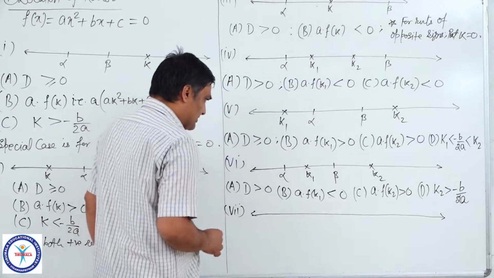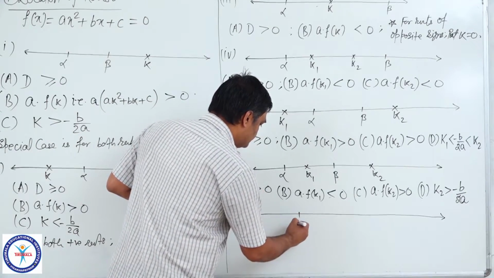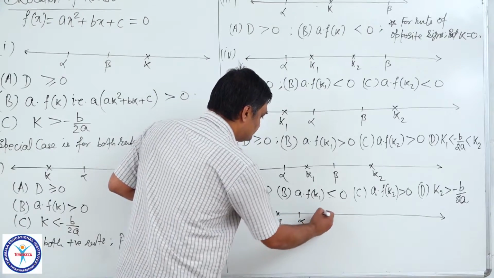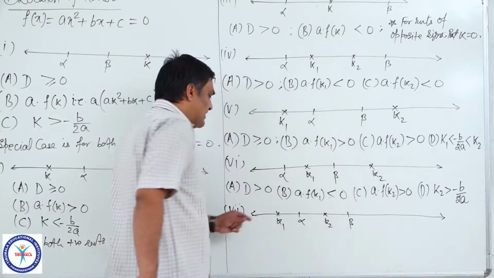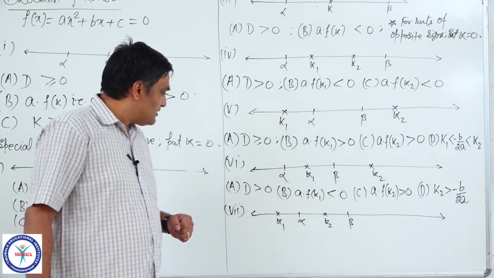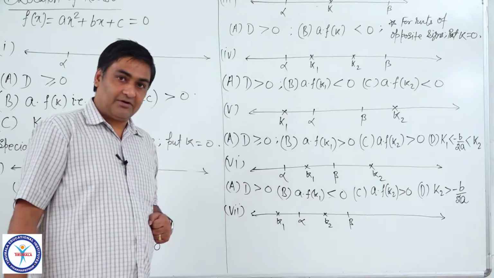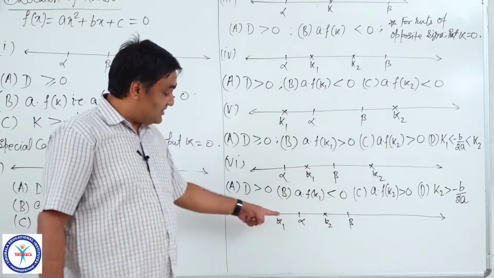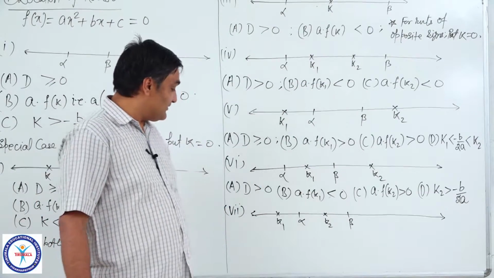Next, there can be a case like one root is greater than 5 but less than 7, and the other root is greater than 7.